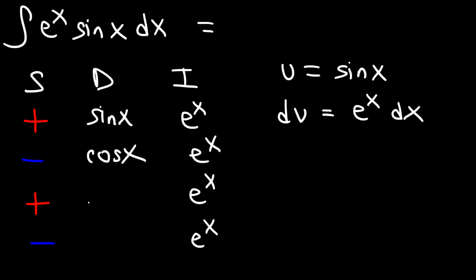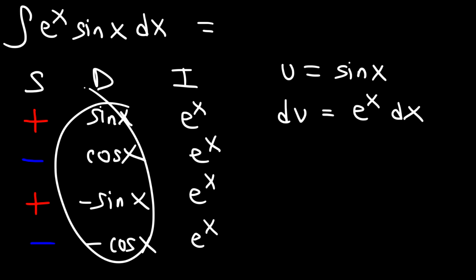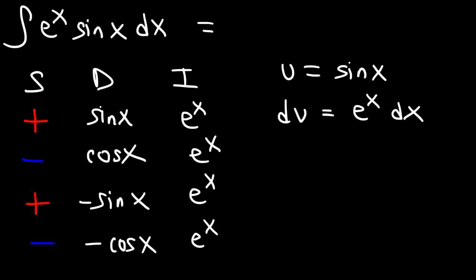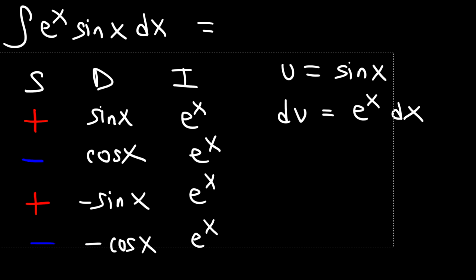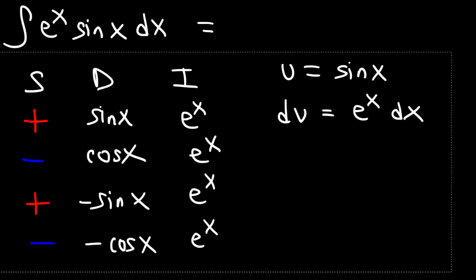The derivative of cosine is negative sine, and the derivative of negative sine is negative cosine. So the derivatives and the integrals of sine and e to the x are repetitive, as you can see. And so we're not going to get a 0 anywhere in any of these two columns. So let's not use the tabular method for this problem. We need to use just integration by parts, old style.